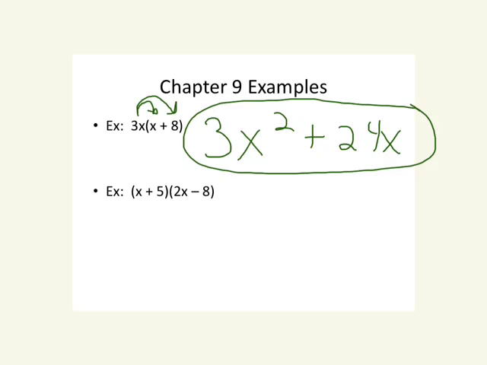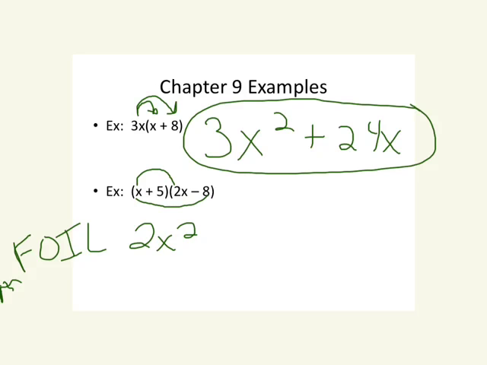On the second example, we have a binomial times a binomial. Hopefully you remember that when we do a binomial times a binomial, we must use the FOIL method. So on this example, when you use the FOIL method, you would take x times 2x to get 2x squared. You do the first terms. Then you go outside, you take x times negative 8 to get negative 8x.